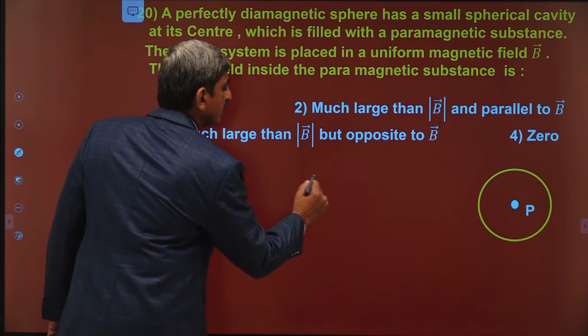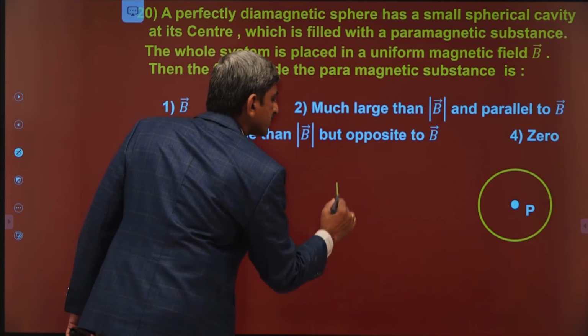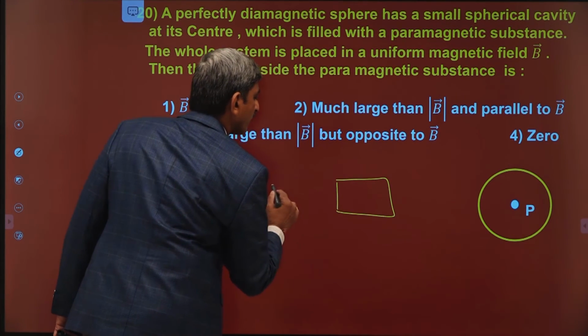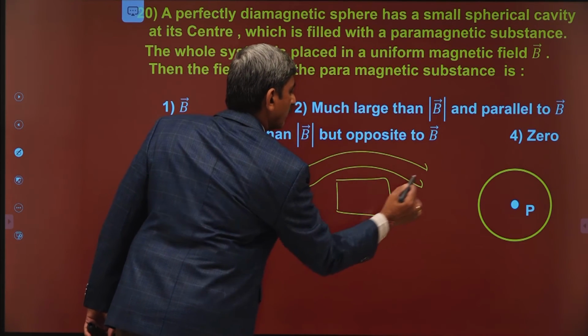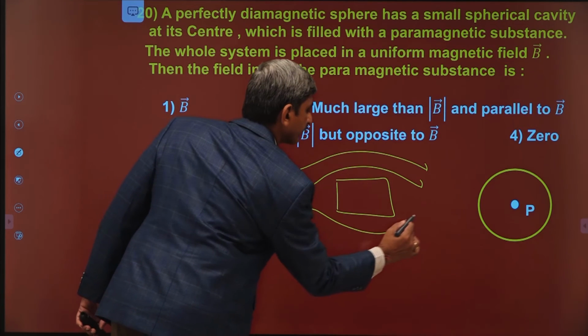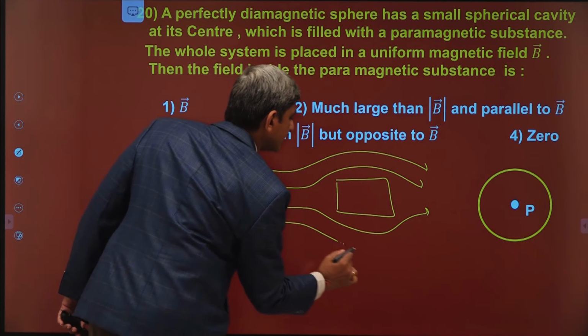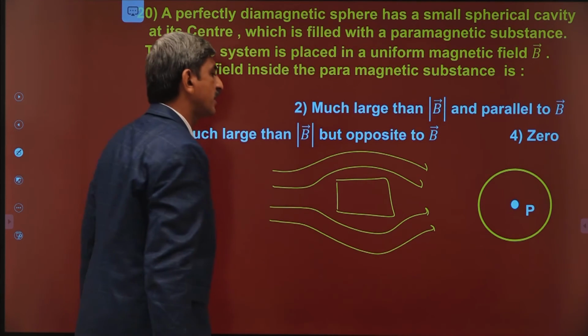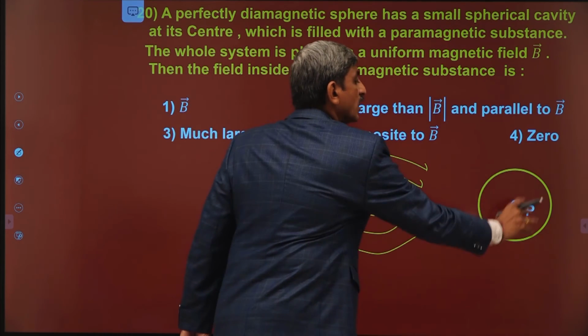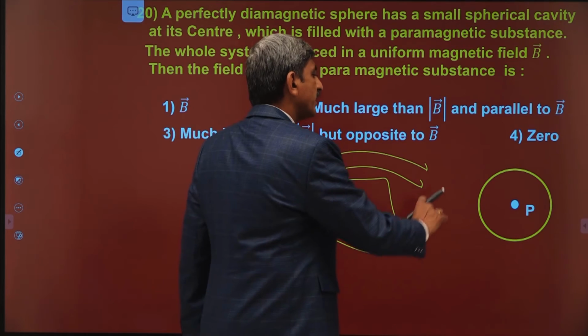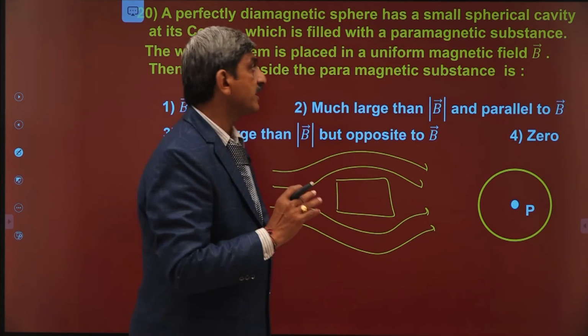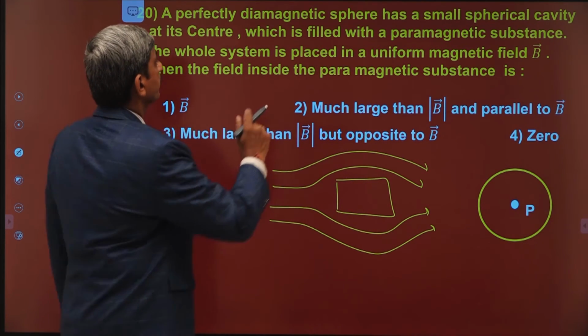Already we know that whenever a diamagnetic substance is placed inside a magnetic field, the magnetic lines of force are expelled out like this, but not passing through the specimen. So the lines are expelled out of the diamagnetic substance. That's why no lines of force enter the diamagnetic substance.